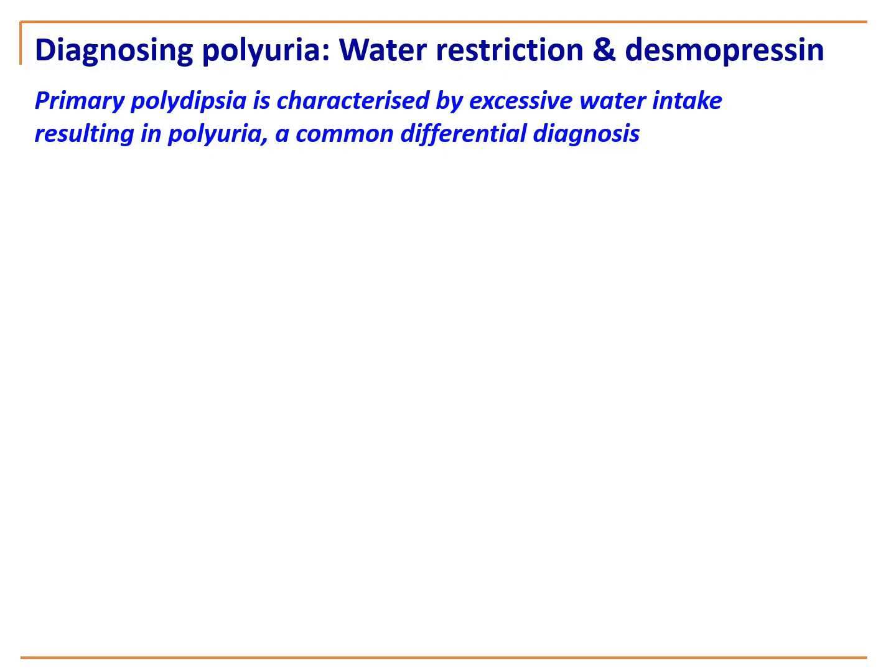This is characterized by excessive water intake, which results in polyuria despite normal ADH physiology. It's usually caused by excessive voluntary water intake, often associated with psychiatric illnesses. Primary polydipsia is included here because excessive water intake can also cause polyuria and can be mistaken for diabetes insipidus.